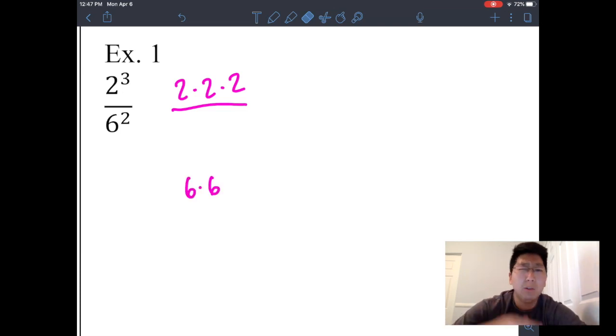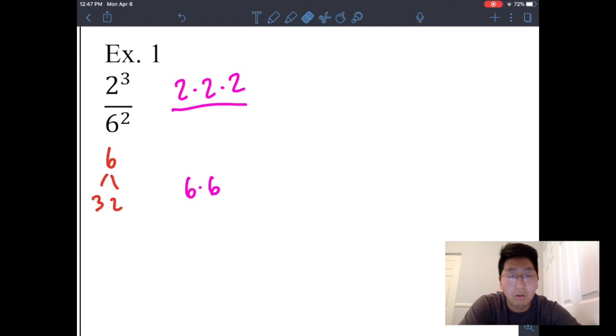6 times 6. Now, I wrote it a little bit further down just so that you can see, I'm going to show you why, but we need to break up the 6's to smaller factors. 2 is already reduced, but 6, we need to break it up. So 6 can be broken up to 2 times 3, or 3 times 2. And for each 6, I'm going to write 3 times 2.